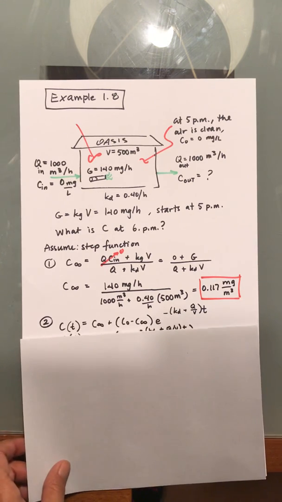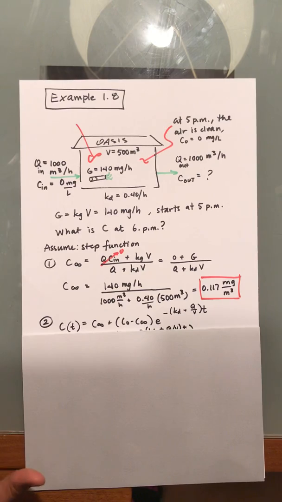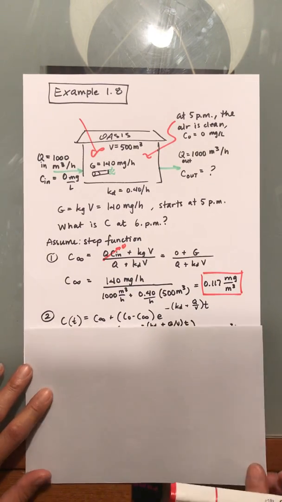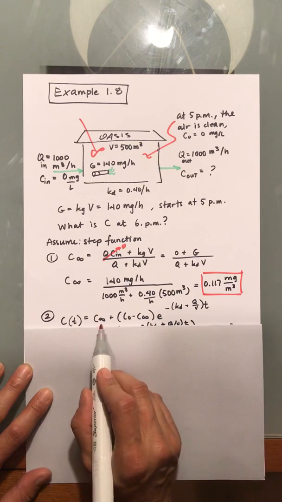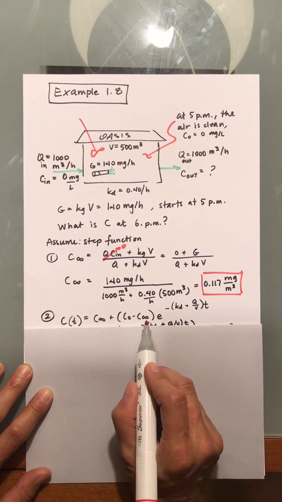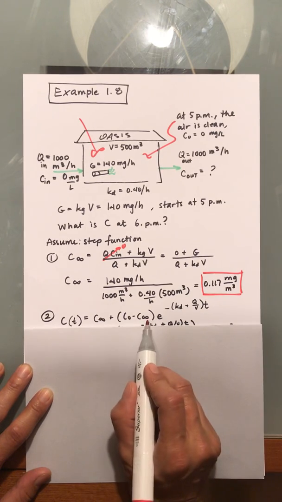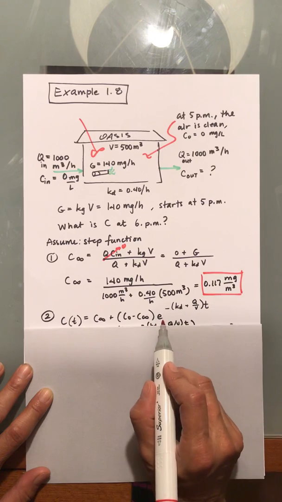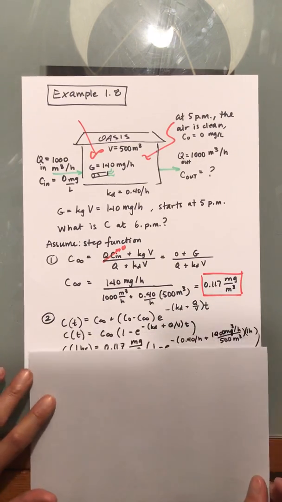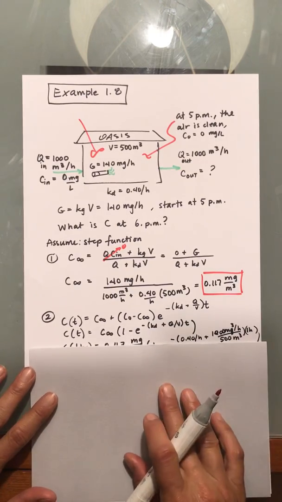Now we need to find our concentration at any time t. That's going to equal, from equation 1.45, C infinity plus the initial concentration minus the final steady state infinity concentration, times e to the negative kd plus q over v times t.